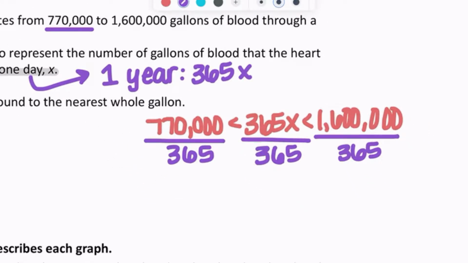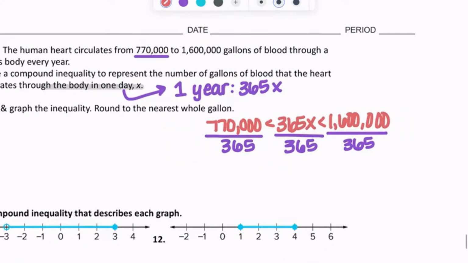So when I divide 770,000 divided by 365, I get, now this is an opportunity where normally I would say it doesn't go in evenly, so you would leave it as a fraction. But it says in the problem to solve and round to the nearest whole gallon, okay?